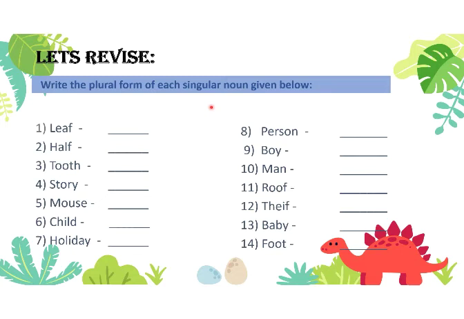I'll just read out the words. Leaf, half, tooth, story, mouse, child, holiday, person, boy, man, roof, thief, baby, foot. So let's find out the answers.